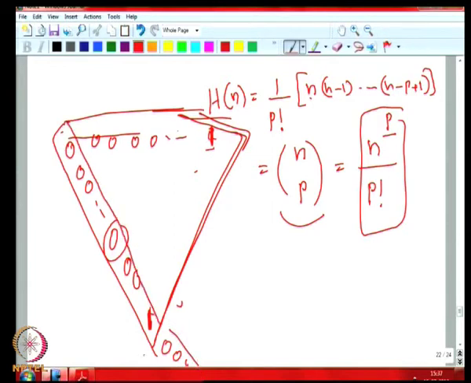And from here onwards, up to here it is actually giving the 0th diagonal as we want it, and since n choose p is a polynomial of degree p, from the p plus 1th row onwards we should have 0 0 onwards. So this will also satisfy the remaining things.